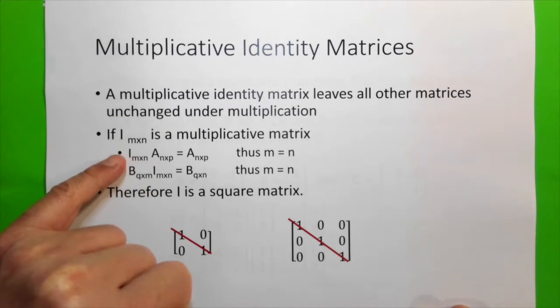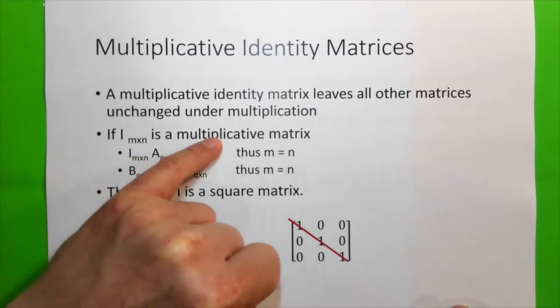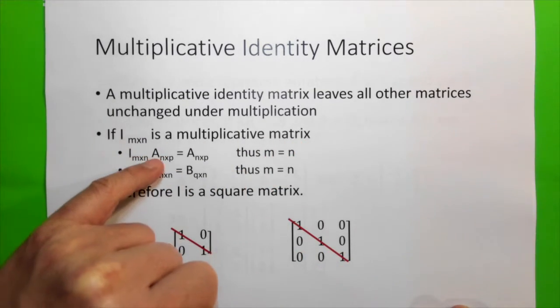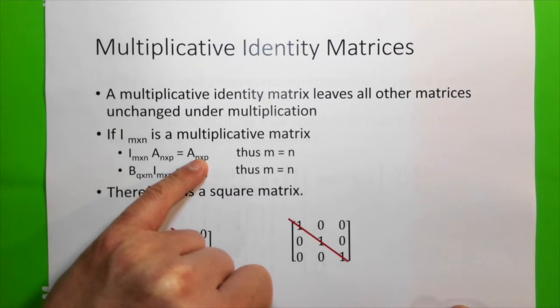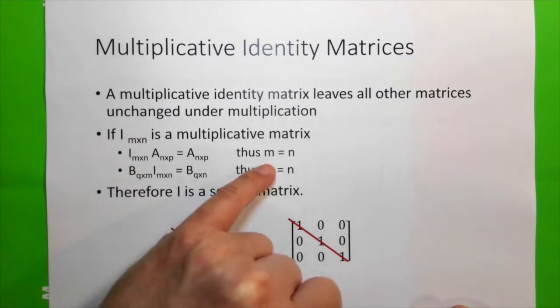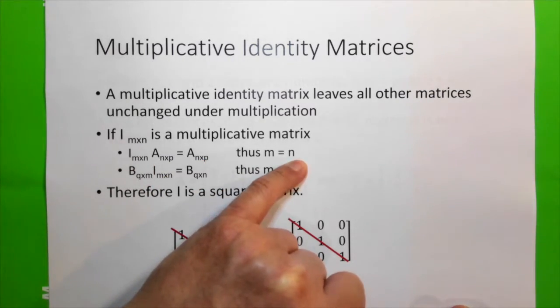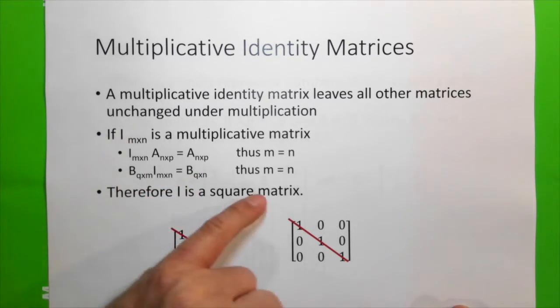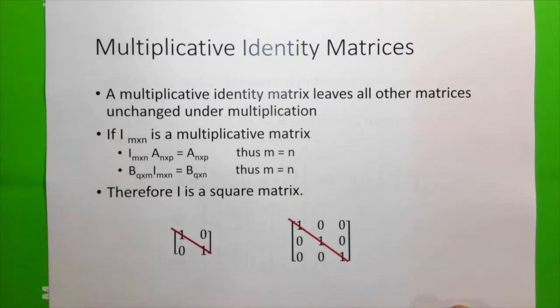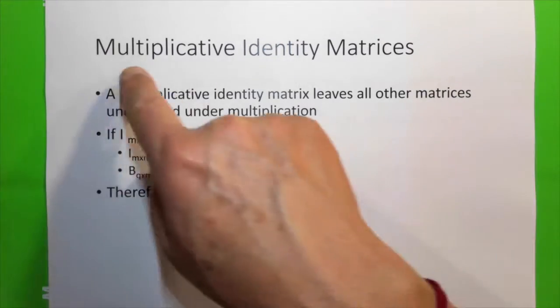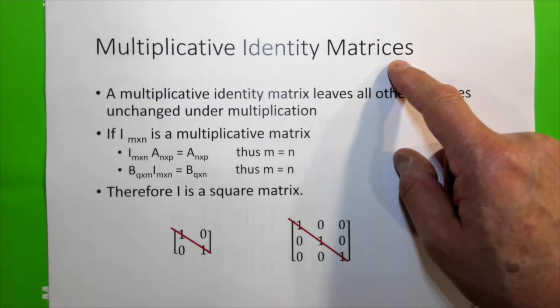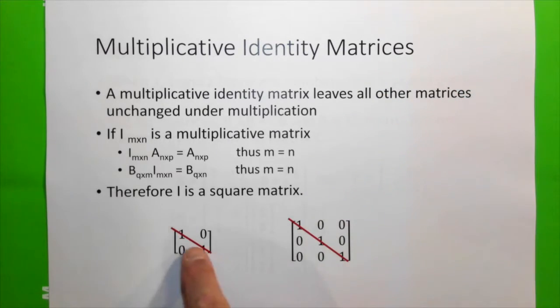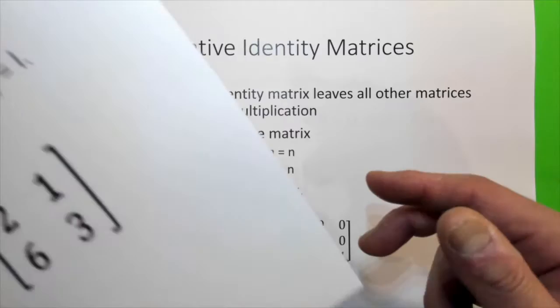So, if I, m times n, is a multiplicative identity matrix, I times A equals A, and therefore, m has to equal n. Same as well, B times I equals B. Again, that proves that m equals n. So I, the multiplicative identity matrix, always has the leading diagonal as 1 and is always a square matrix.